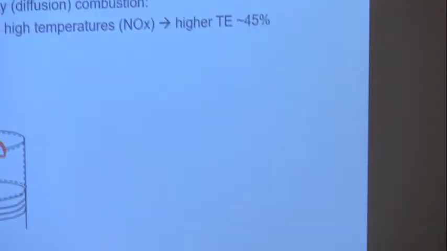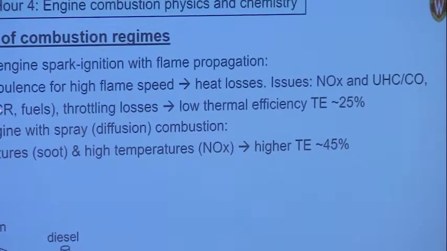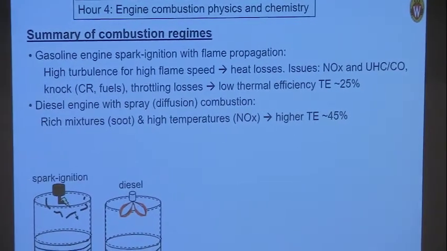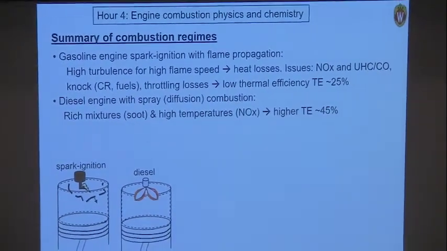There are issues. We have high temperature behind that propagating flame. The high temperature is required to get the flame to propagate. And then when the flame reaches the wall, it can quench, and that leads to unburned hydrocarbons and CO. Again, the compression ratio and the fuels determine whether you can expect knocking combustion or uncontrolled combustion ahead of the flame.